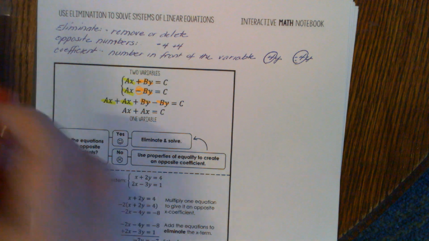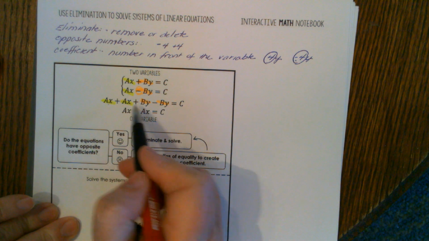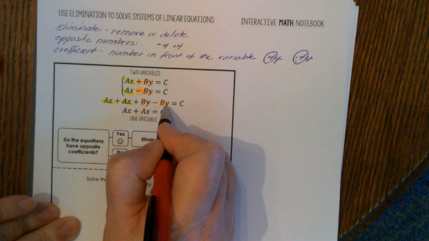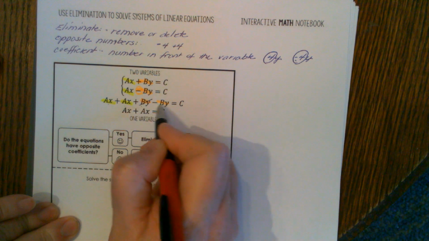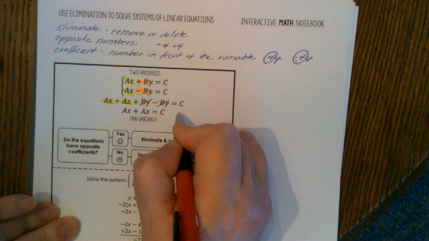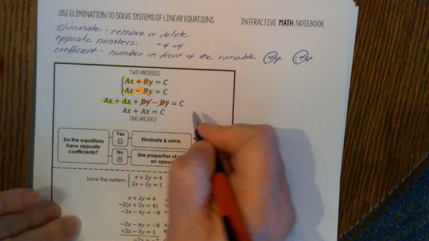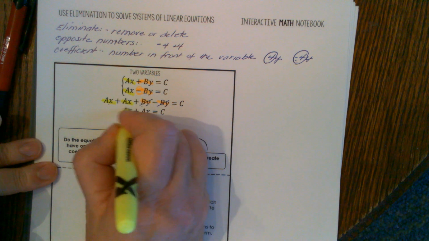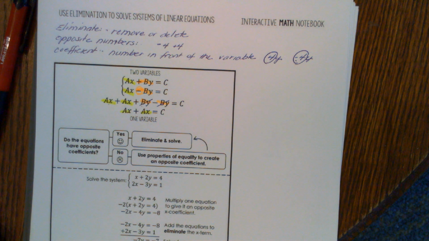So when we do this, we have ax plus ax is left because by minus by crosses each other out. So now we have 2ax equals c.